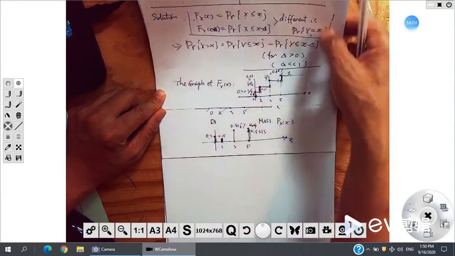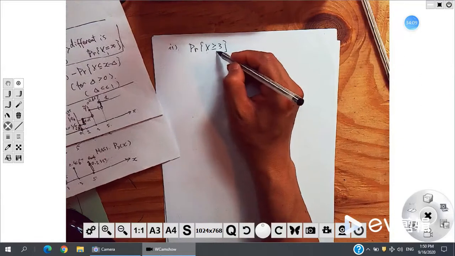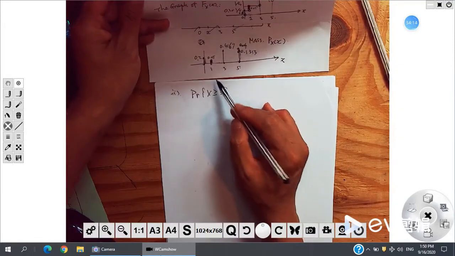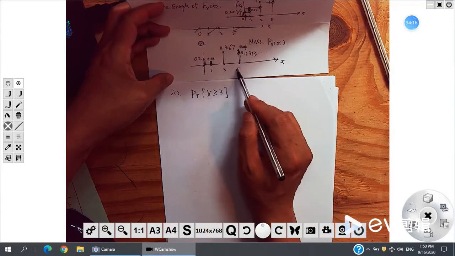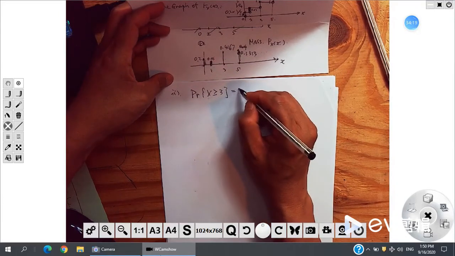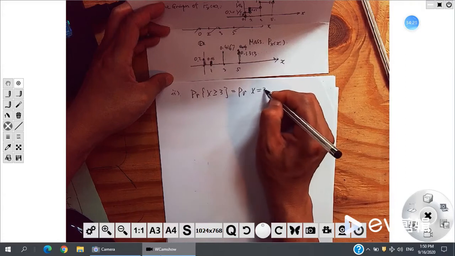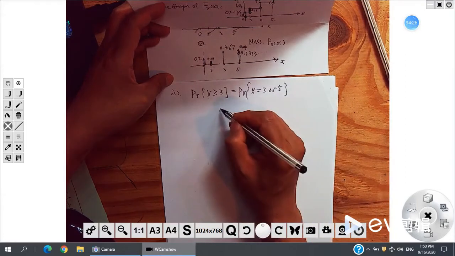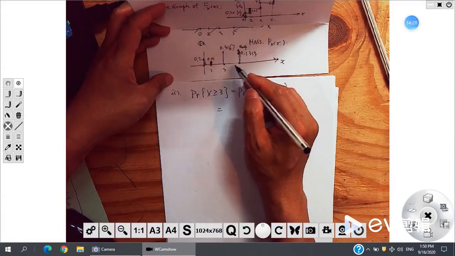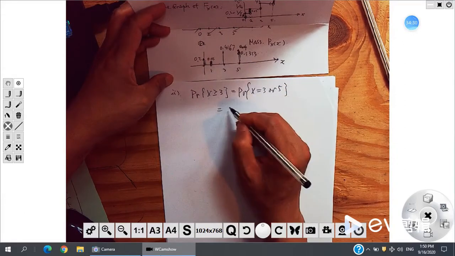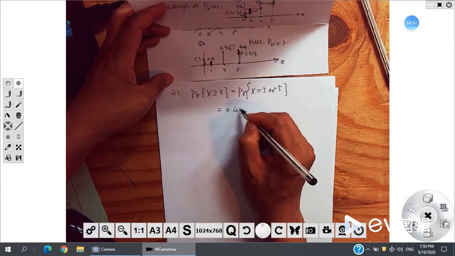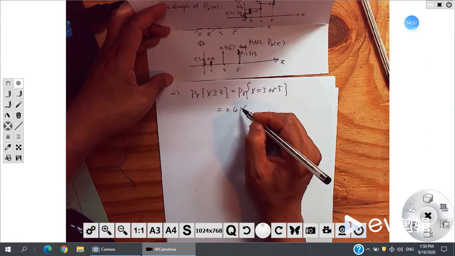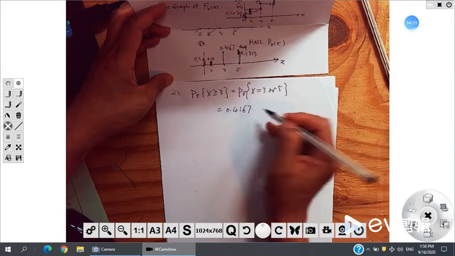Now we want x larger than 3. Among all of these, which cases are larger than 3? We have these two. So it is the probability of x equal to 3 or 5. If it is 3, the probability is 0.4167, something like that.